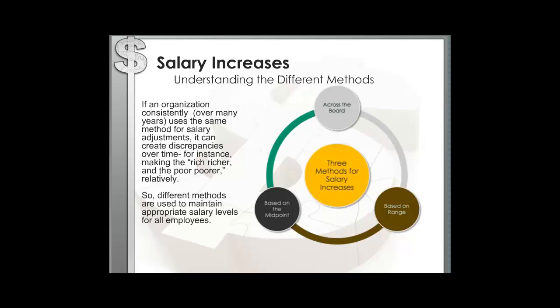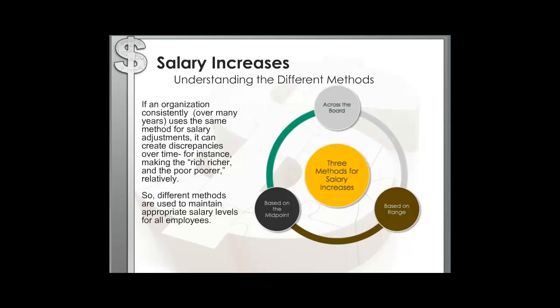So they're going to look at the highest paid custodian, average that salary with the salary of the lowest paid custodian, whatever that comes out to be, say $20,000, which is kind of high, but that average, then they would give 3% of $20,000 to all custodians, which would mean that the custodian with the higher salary is going to get less than a 3% raise, and the custodian with the lowest salary is going to get more than a 3% raise.